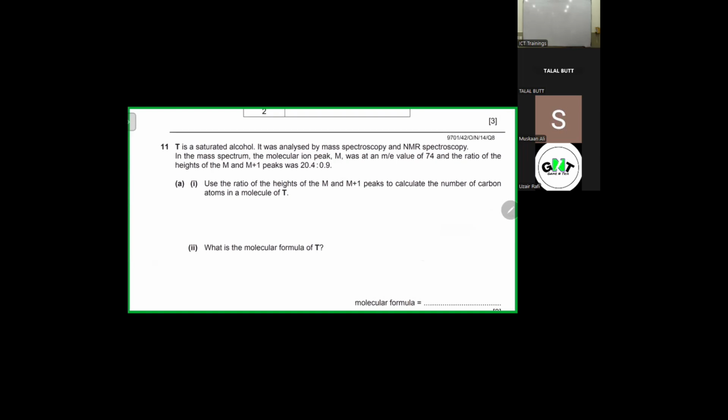And he has given you the value of M over E, which means Mr is given in the question. So find out the number of carbon, oxygen, and hydrogen, whatever. It is an alcohol. So make the molecular formula by yourself. Four carbons.